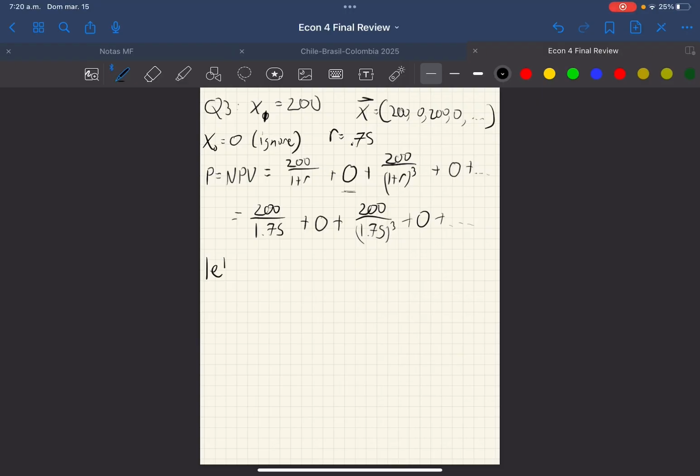So I'm going to define delta to be 1 over 1 plus r.